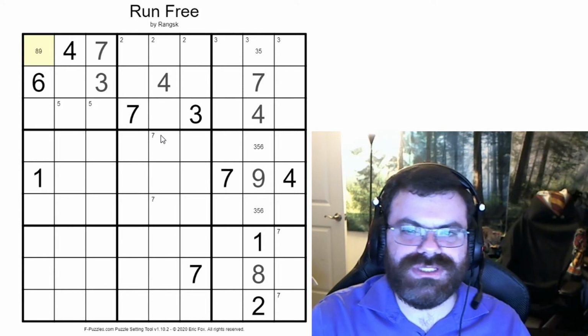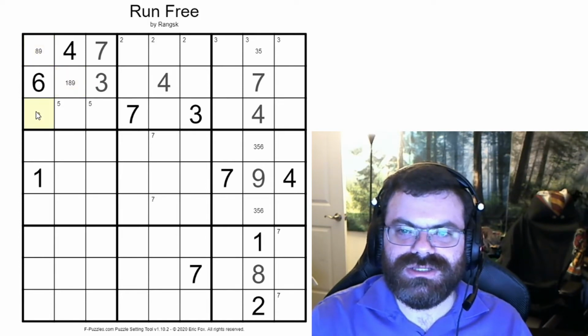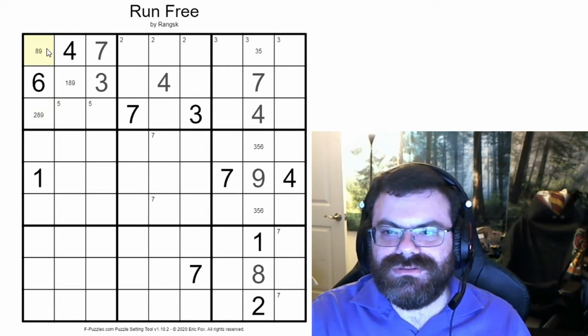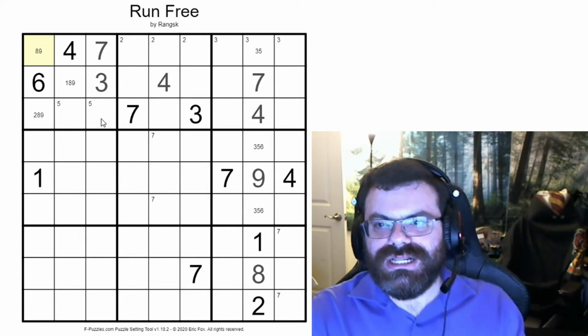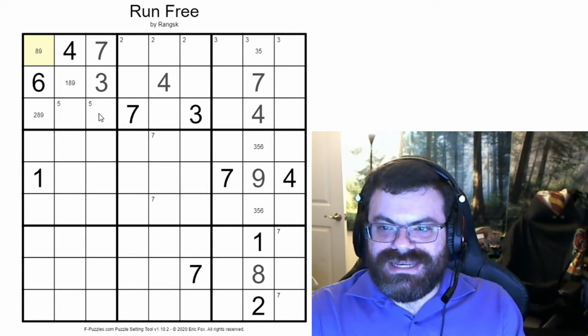These other 3 cells are fairly restricted, so I'm just going to mark what those can be. For the entire box, we've got 1, 2, 5, 8, and 9 remaining.